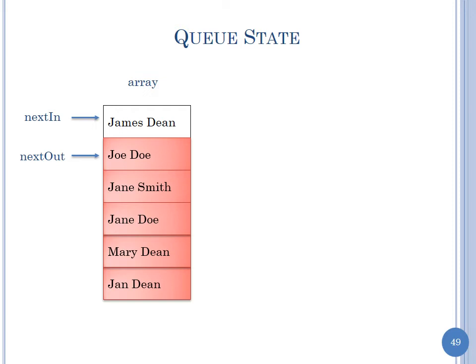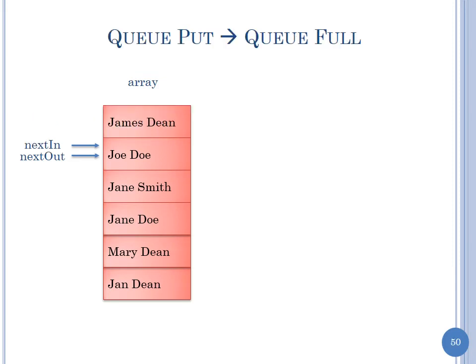Yet next in plus 1 mod buffer size does equal next out. So the queue is not full, even though the condition that you said for the queue being full applies here. It will be full if I actually go and advance next in, and at that point again they will be equal.